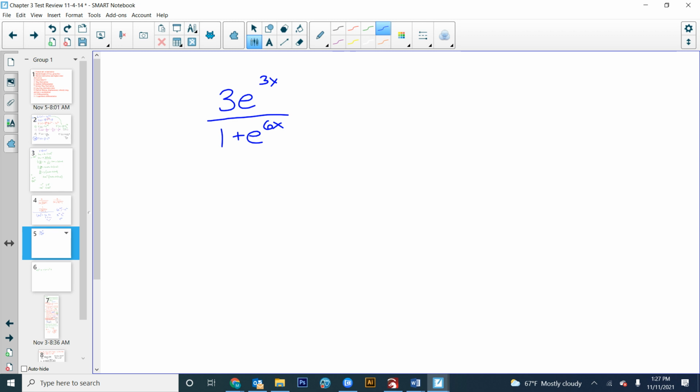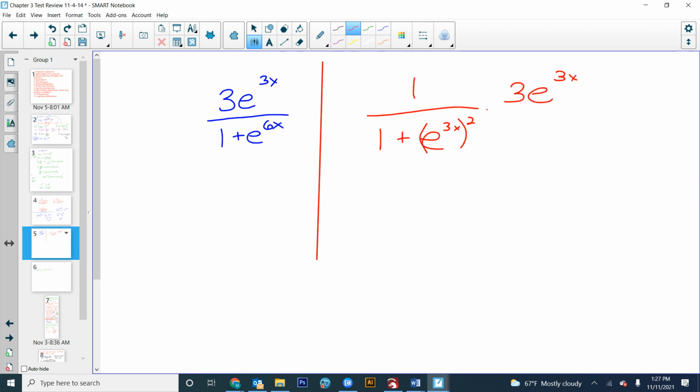Here's what I saw on this one. I need to address it. I do not want you to keep making this mistake. The rule was 1 over 1 plus u squared times du dx, and it was 3e to the 3x. I saw this way more than I wanted to.